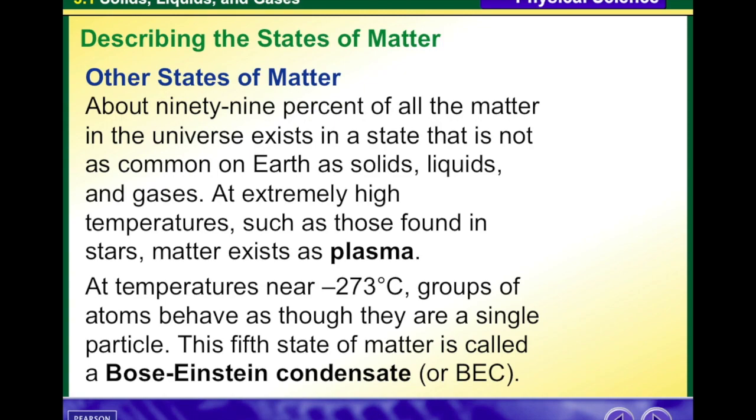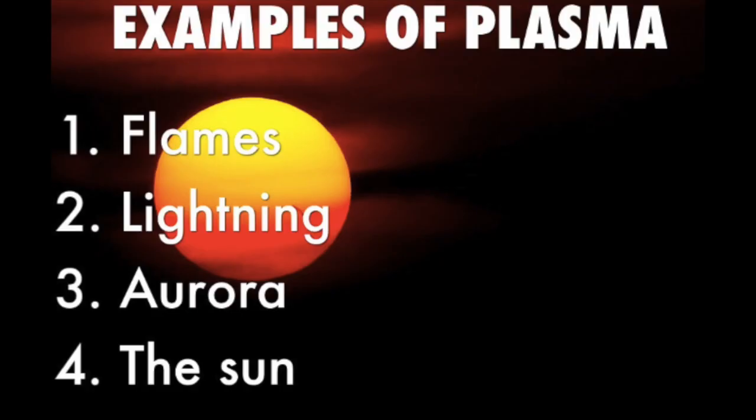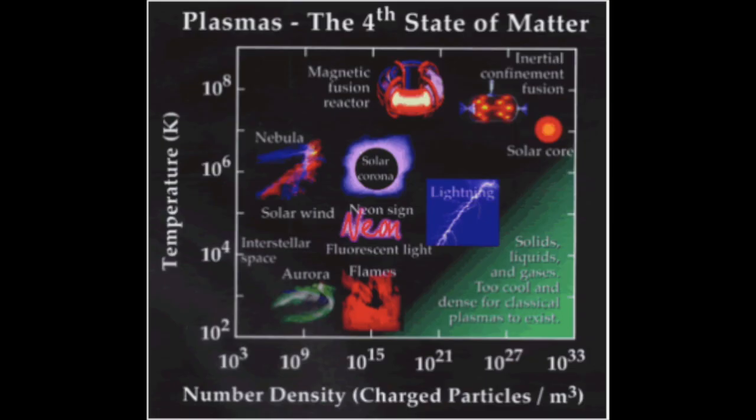Don't forget that 99% of all the matter that we observe in our universe is not a solid, liquid, or a gas. At high temperatures, such as in stars, the state of matter becomes a plasma. It is an ionized gas.